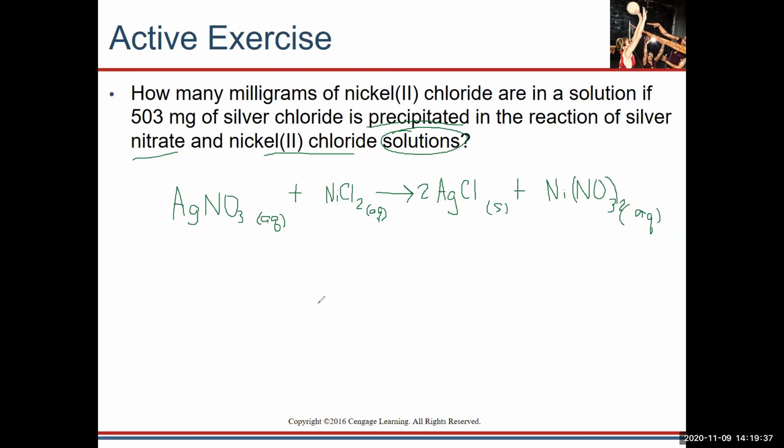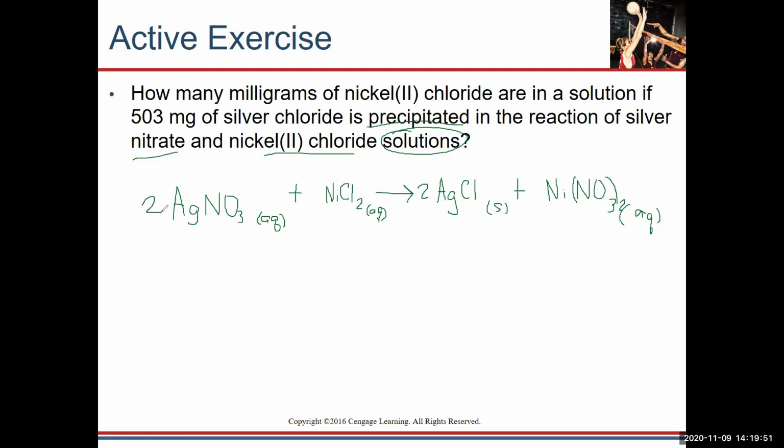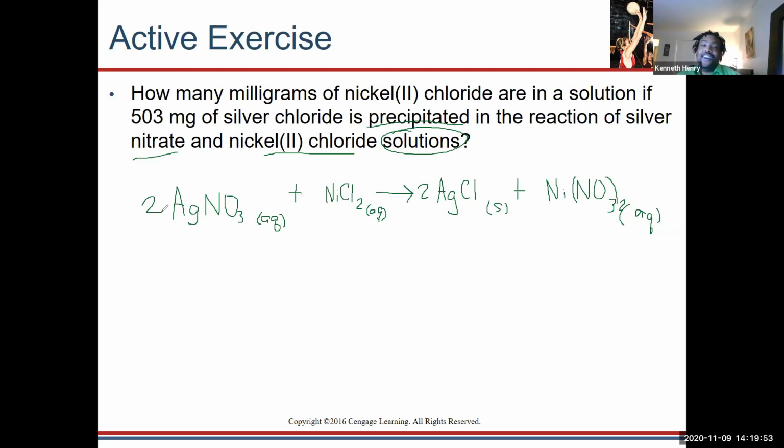And then on the reactant side, you will put a 2 as well. Okay, beautiful. Piece of cake? Anybody disagree? Just kidding. Okay, so the next step, Jason.